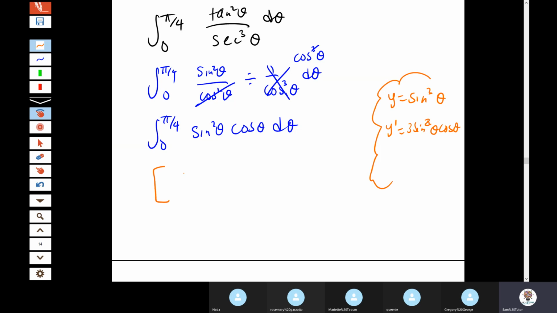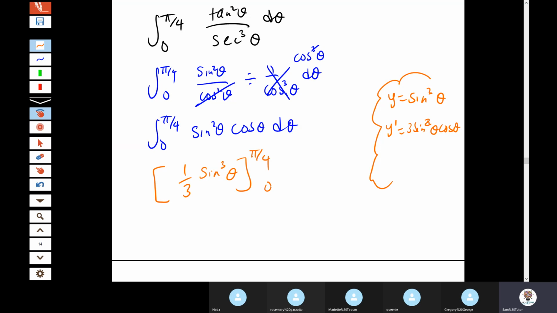Well, a third, right? Because you're missing the 3 at the front. So it's a third of sine cubed theta, from pi on 4 to 0. Now you either sub in 45 degrees or pi over 4 in radian mode. Pick. I'm going to use, obviously, 45 degrees.